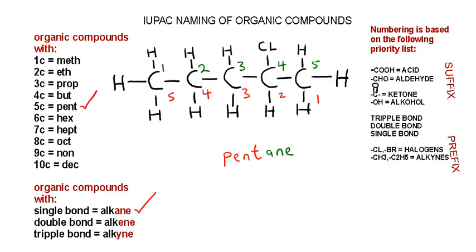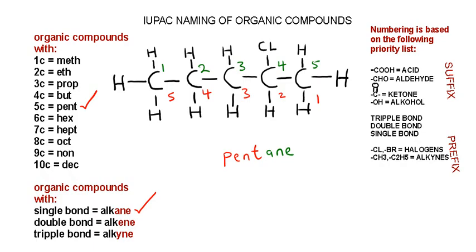And this chlorine is attached to carbon number 4, and also carbon number 2. Carbon number 4, where you are numbering in a forward direction, and carbon number 2, where you are numbering in a backward direction.